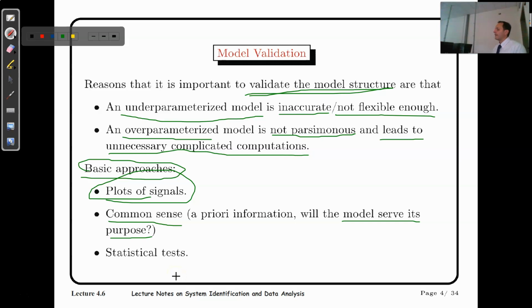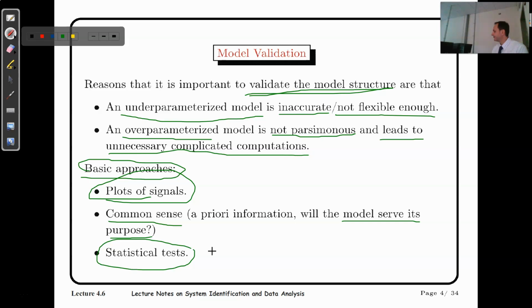Then we can also have more complicated tests, for example, statistical tests. But statistical tests are not always valid, because of course it's statistics, and in practice we don't have any statistics.